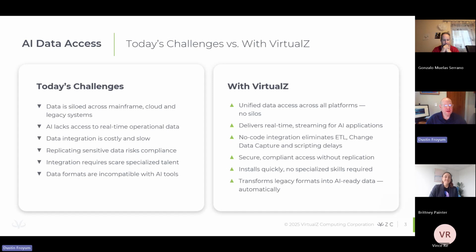All right, so these will be pretty familiar for anyone that's operated in the mainframe world for a while. So you have legacy ETL and data access challenges around your data being siloed because of the different formats, and it doesn't necessarily talk very well unless you have a common database per se.